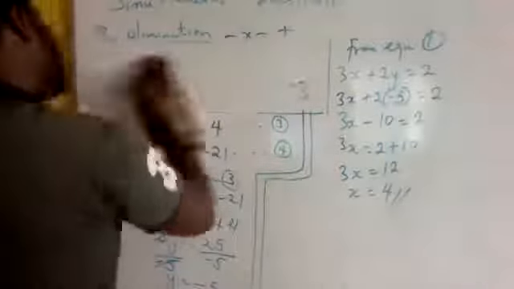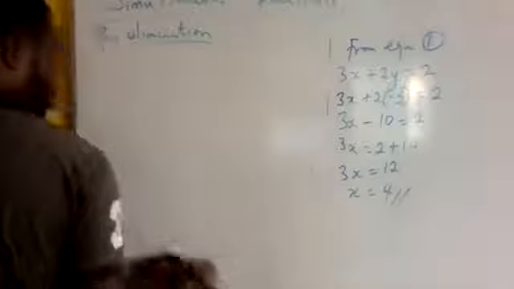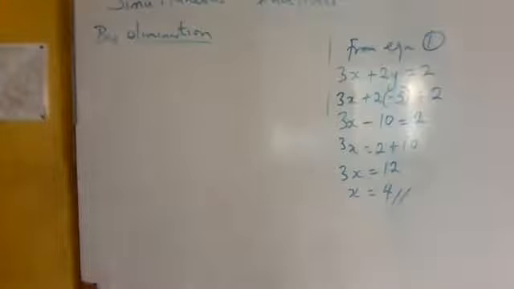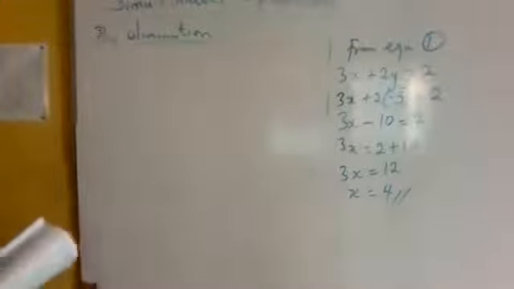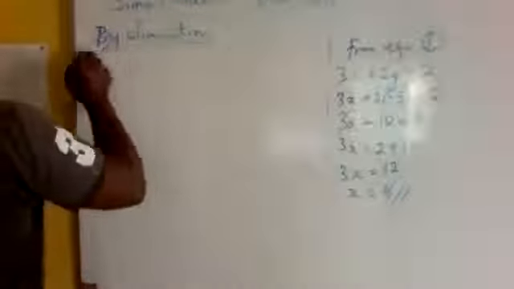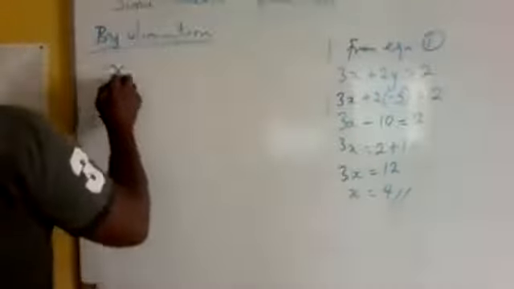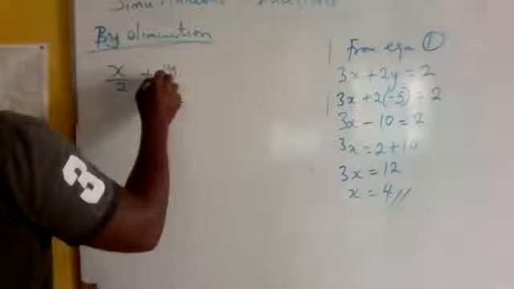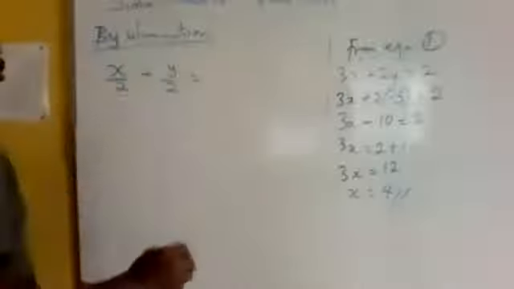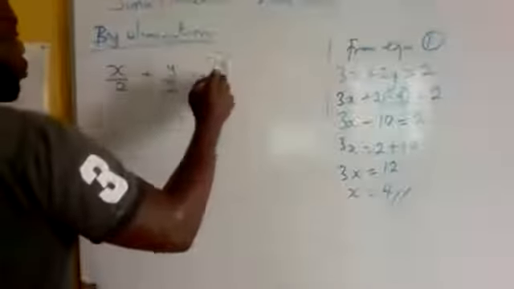All right, let's take a look at this question. We have x over 2 plus y over 2 is equals to 7 over 2.